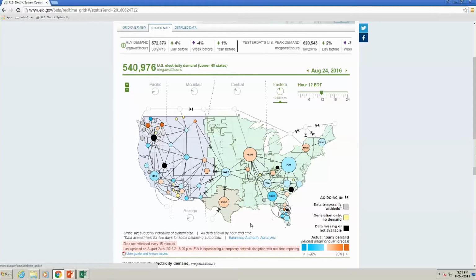Those different colors are indicating what are called interconnections, with a capital I. They reflect the fact that the U.S. grid actually has three parts to it. It's not a single grid. What happens within interconnections is electricity is free flowing. There are no barriers there, or few barriers there.